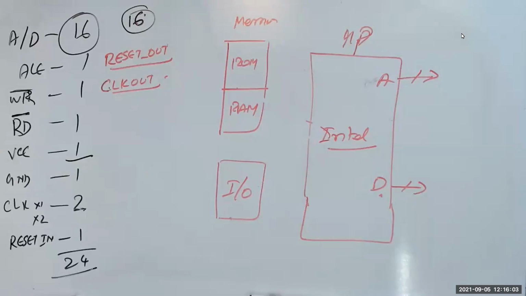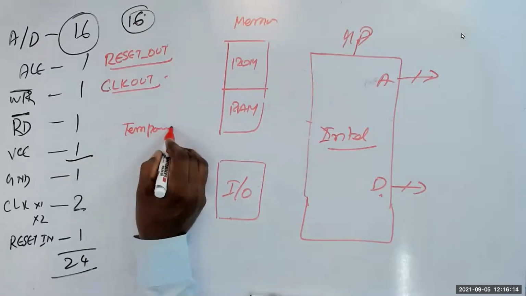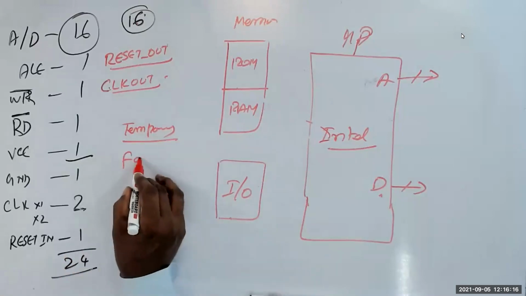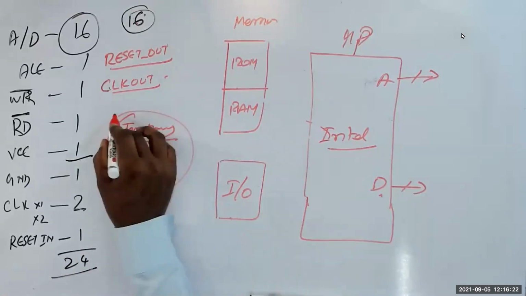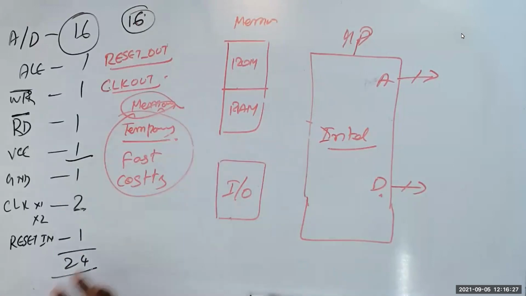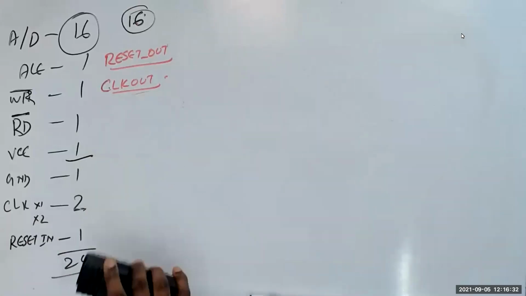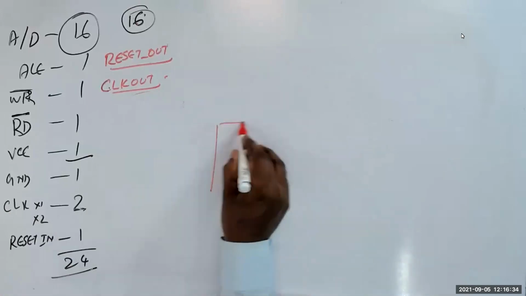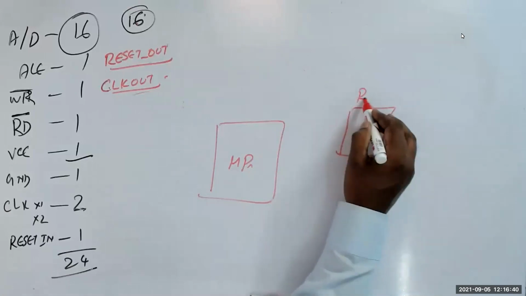Memory and storage: there is a lot of confusion. Memory is generally temporary, fast and costly. That is what we call memory. Memory talks to the microprocessor directly. I'll explain later since somebody has asked. You have a microprocessor and they have memory, RAM and ROM.